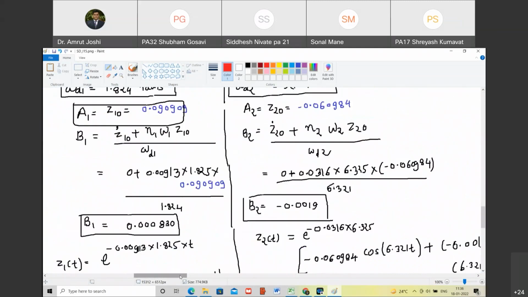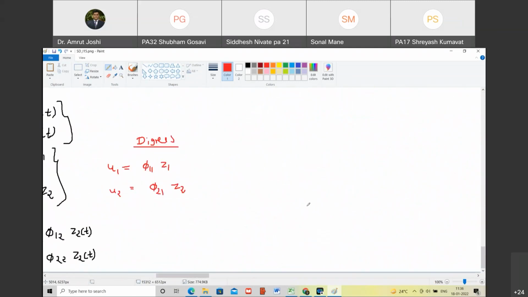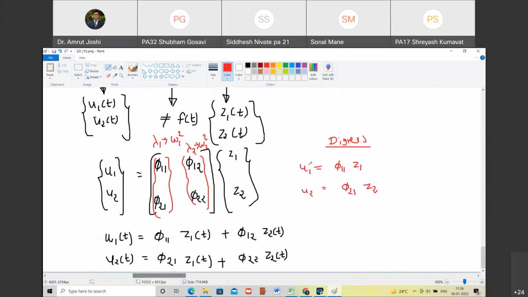Are you with me? Yes, sir. So in this particular situation, the response u1 and u2 will be dependent only on phi 11 and phi 21. Do you agree with me? Yes, sir. Only the eigenvector of the first eigenvalue.